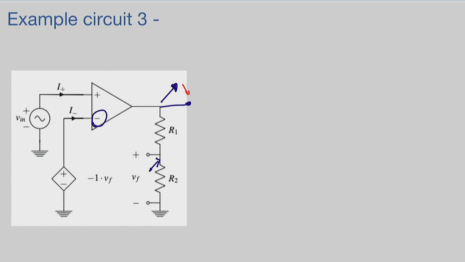How do I know that? Well, because the V out is still related to U plus minus U minus. And if I make U minus larger, that means that U plus minus U minus will be smaller. Okay? So it is in negative feedback.